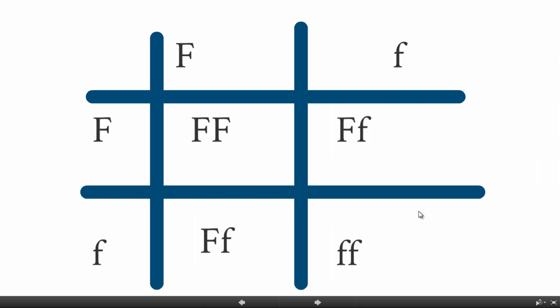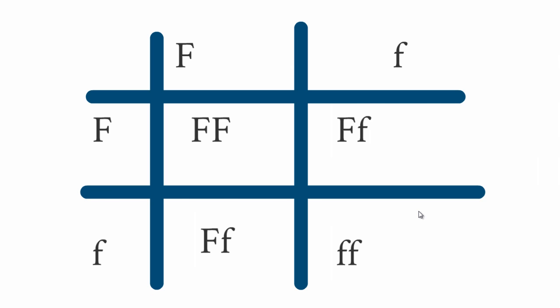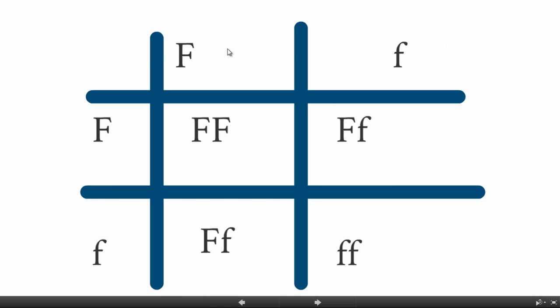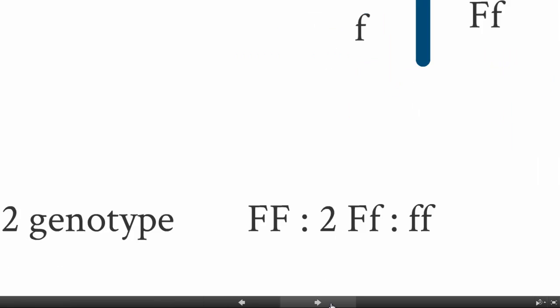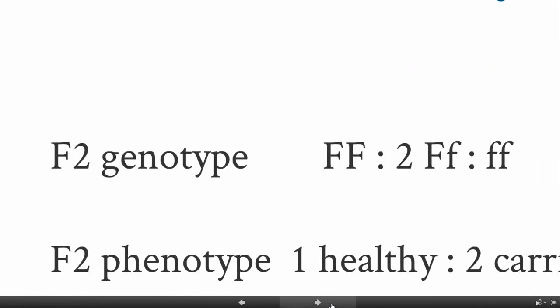Here you have a Punnett square. I've drawn the mother's gametes along the top and the father's sperm gametes down the side, and these are the possibilities you can get for this genetic cross. These are the different genotypes, which give us the F2 genotype, referring to the second generation, the F1 being the first.